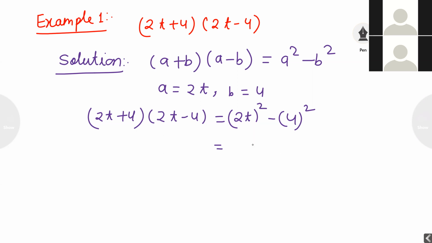Now (2t) whole square is equal to 4t square. 4t square minus 4 square is 16. Don't say 4 twos are 8. 4 square means 4 into 4. Answer is 4t square minus 16.